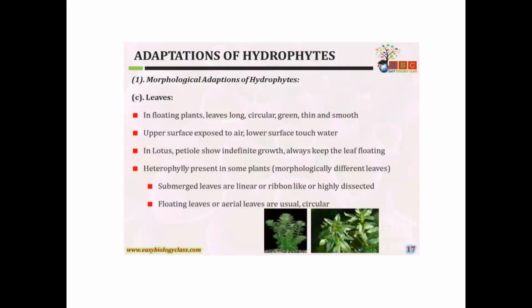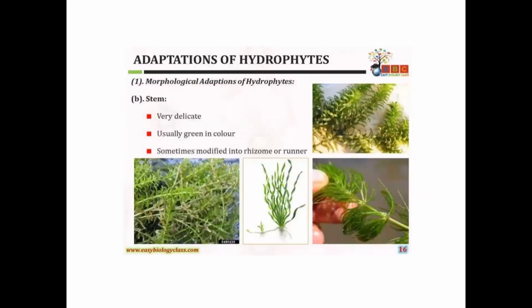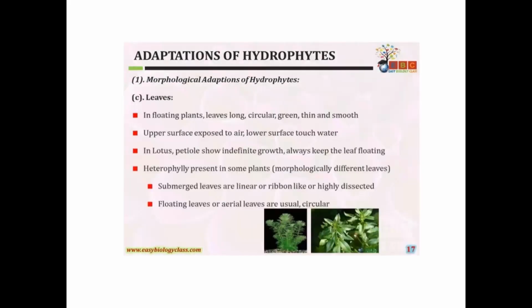The shoot may lie along the surface of the soil as a rhizome, or as runners. When they touch the soil, roots develop from the lower surface. These mainly help in vegetative propagation. Generally in hydrophytes, vegetative propagation takes place.